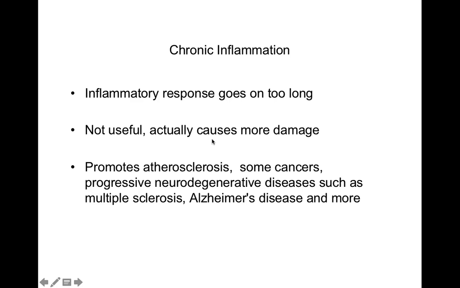And folks, there's so much interest in chronic inflammation. They think it is a cause for vascular disease like atherosclerosis. It's thought that some cancers involve chronic inflammation. Progressive neurodegenerative diseases such as multiple sclerosis and Alzheimer's disease may very well involve chronic inflammation.